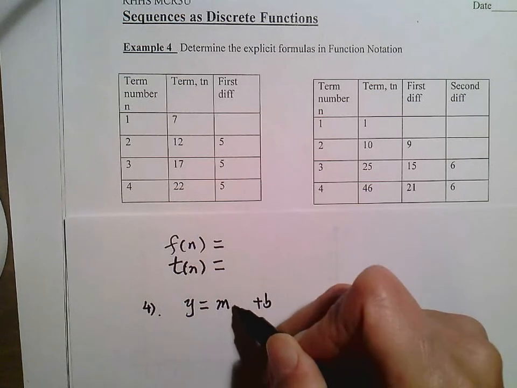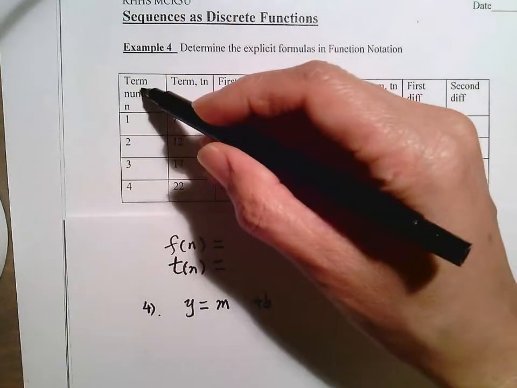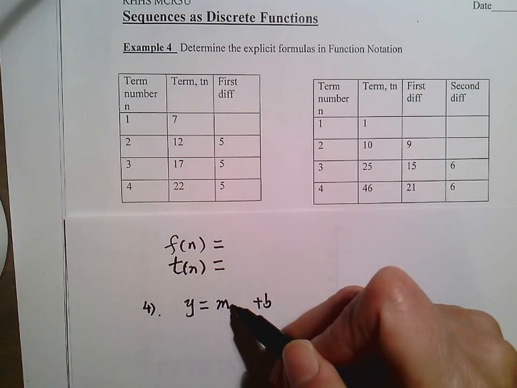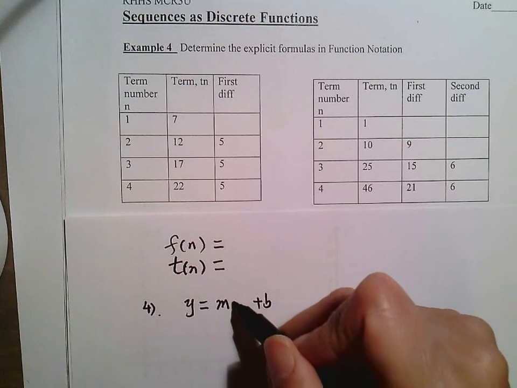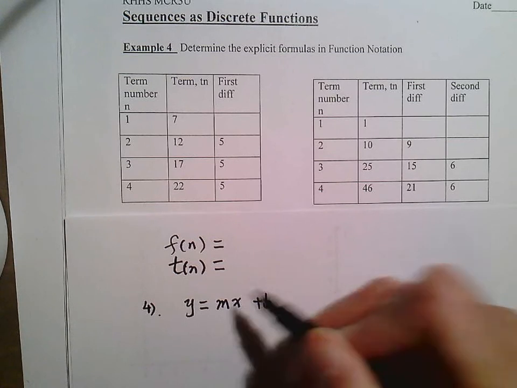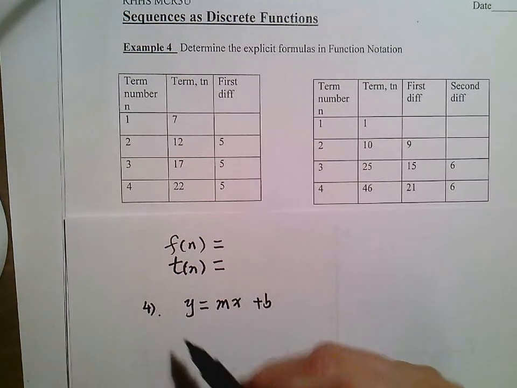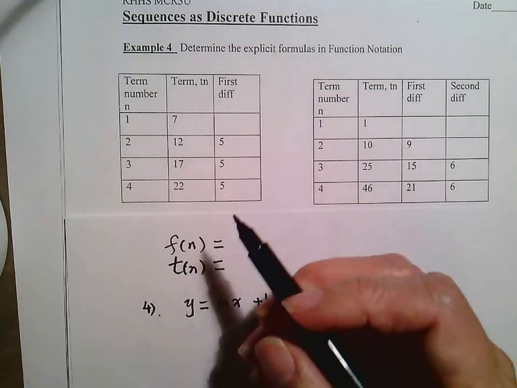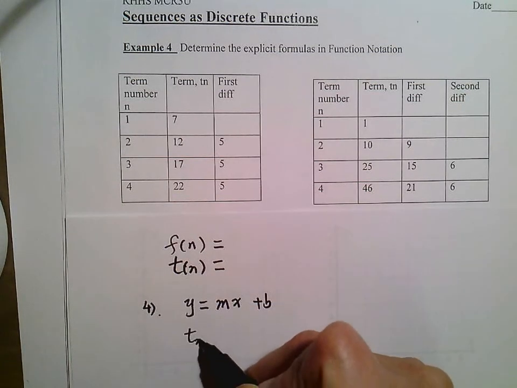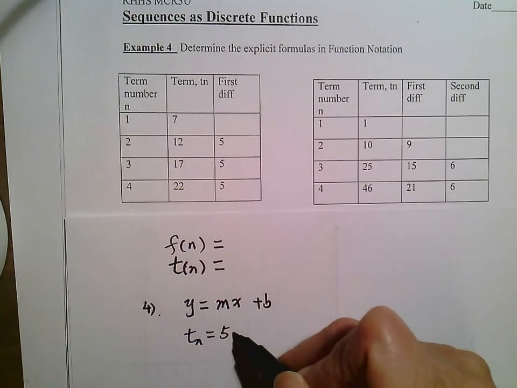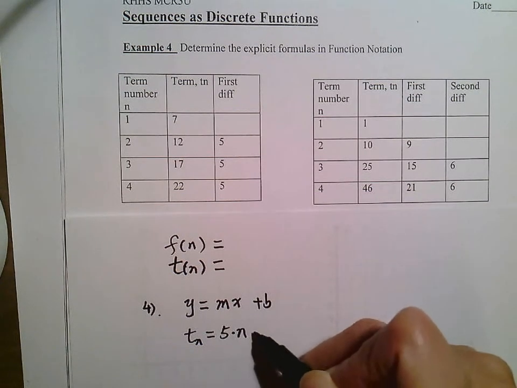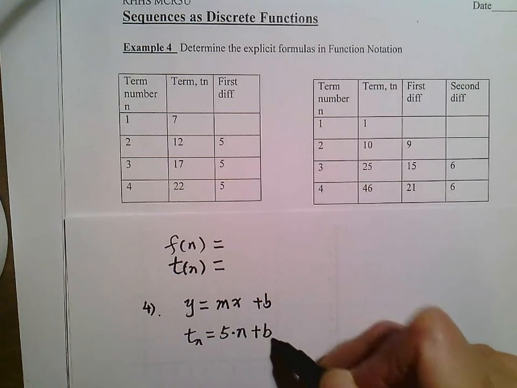What is your x? X is actually your nth number, right? For this specific question, your y is actually your t of n. So what is m? M is 5. What is x? X is your term number, so plus b.